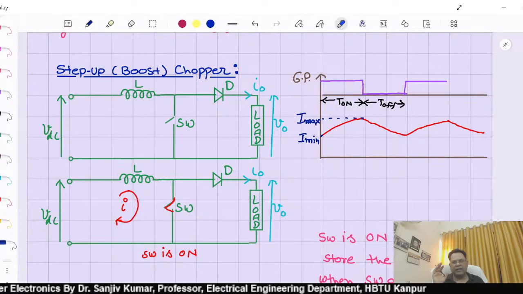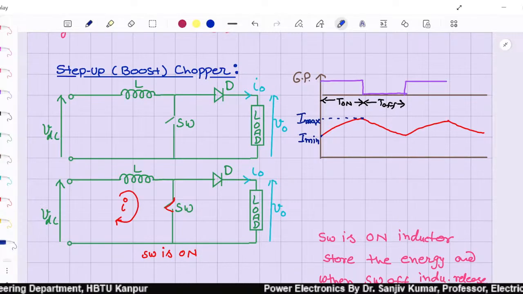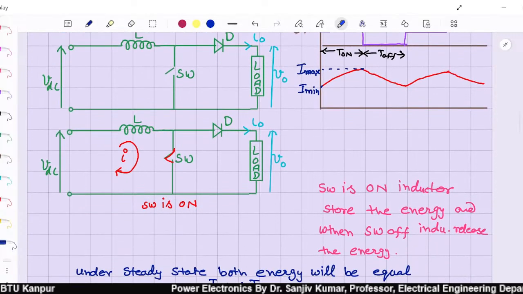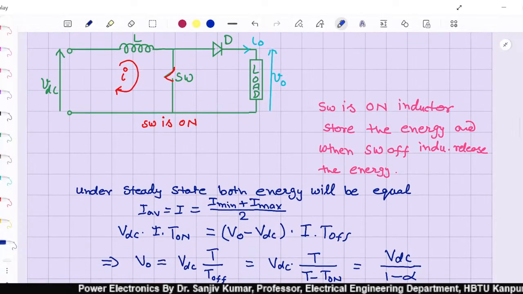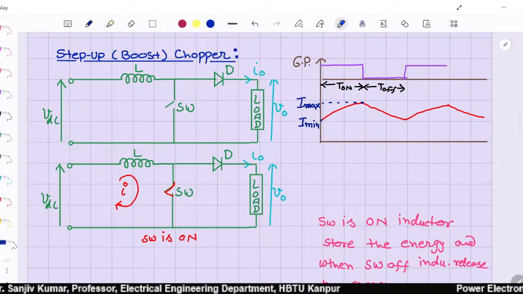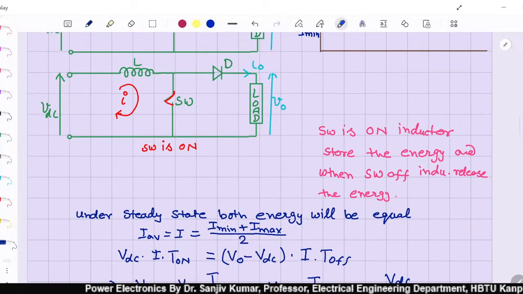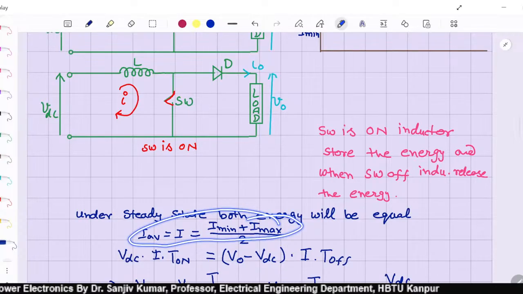And under steady state, both these energies must be equal. And if I talk about the average current, it would be like this, I0. It is the average of I max and I min.